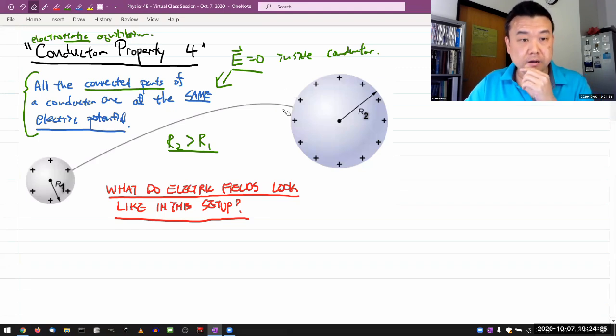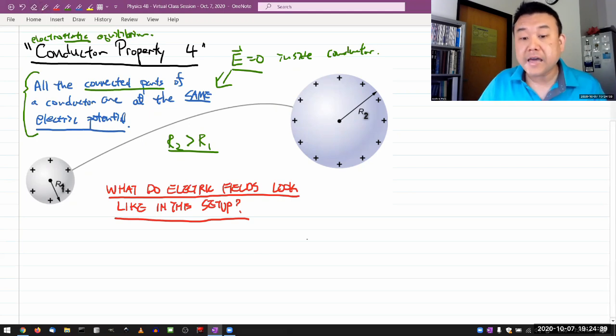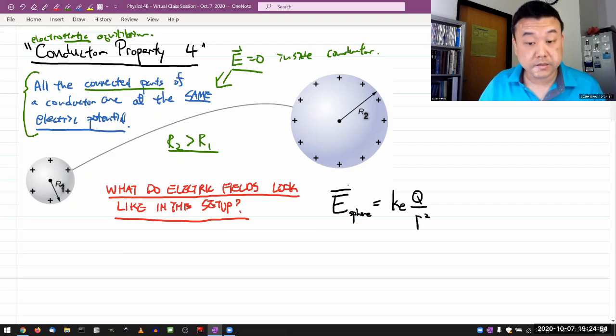One very easy mistake to make is the naive application of Coulomb's law. You have this formula memorized. Electric field of a point or even a sphere is equal to Coulomb constant times charge over r squared. So this is the naive mistake you can fall into.